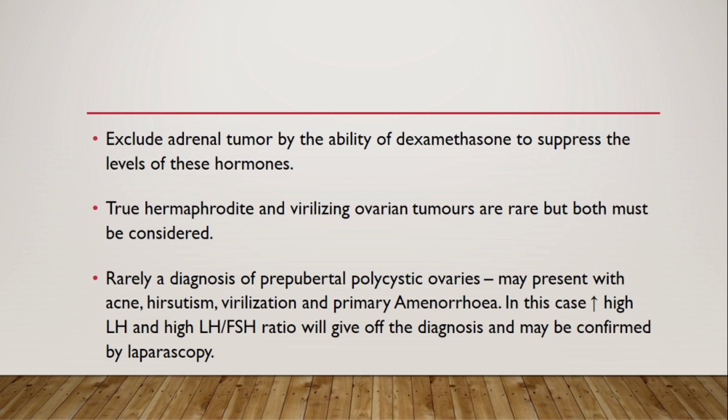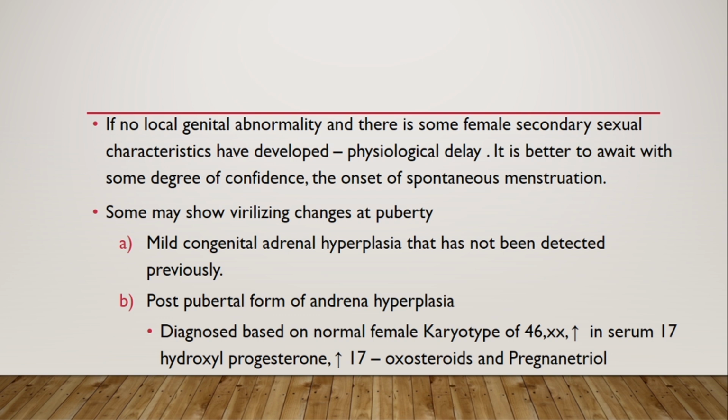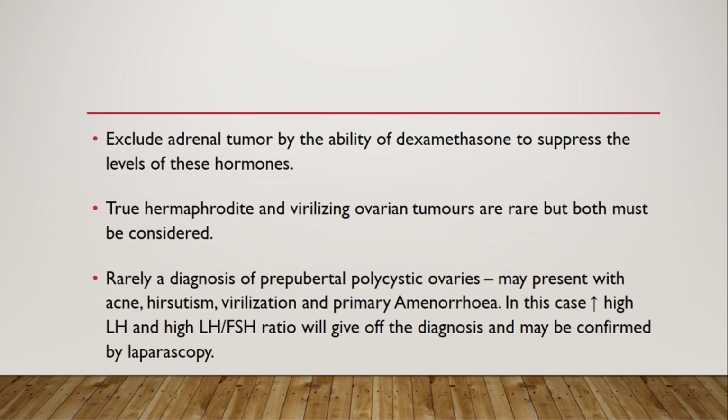Dexamethasone can suppress the level of hormones in mild congenital adrenal hyperplasia and the post-pubertal form of adrenal hyperplasia, but it will never suppress that of adrenal tumors, because the hormones in adrenal tumors are excessively increased compared to congenital adrenal hyperplasia and post-pubertal hyperplasia.